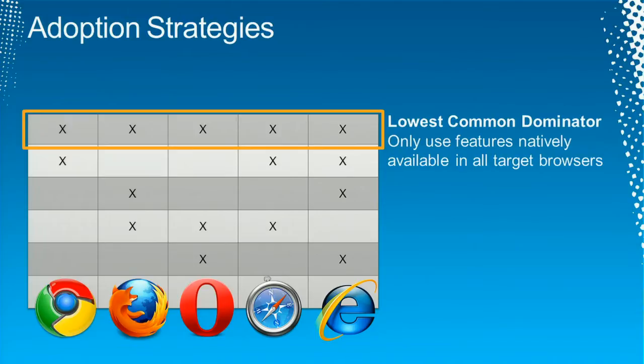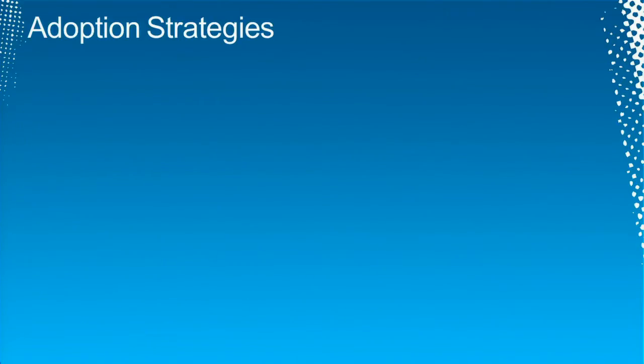Because there's not much that's in the world today in HTML5 and CSS3 that falls into this, everybody has it. Not because the modern browsers don't have it, but because there's a broad deployment of older versions of those browsers. And we can't do anything about that. So this becomes a difficult strategy, but if you want to use it, it means you're going to be using older HTML features.